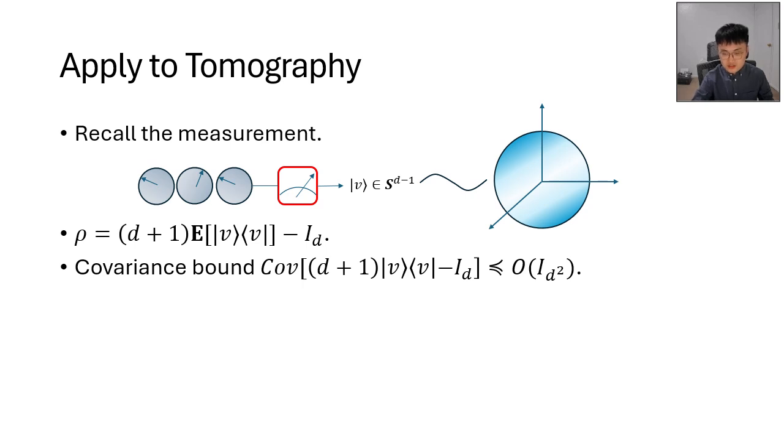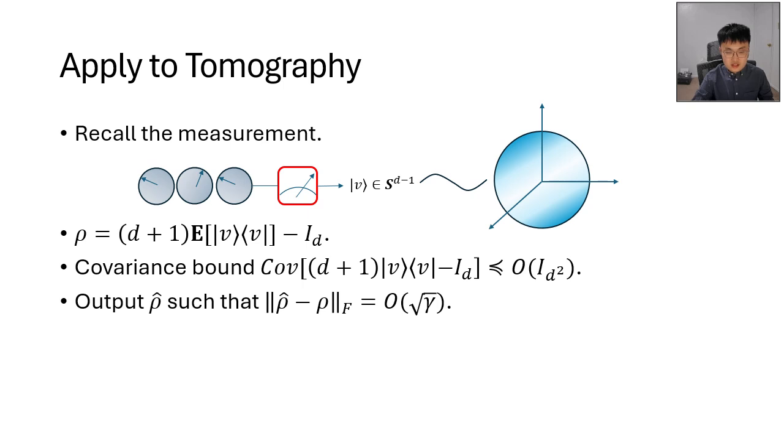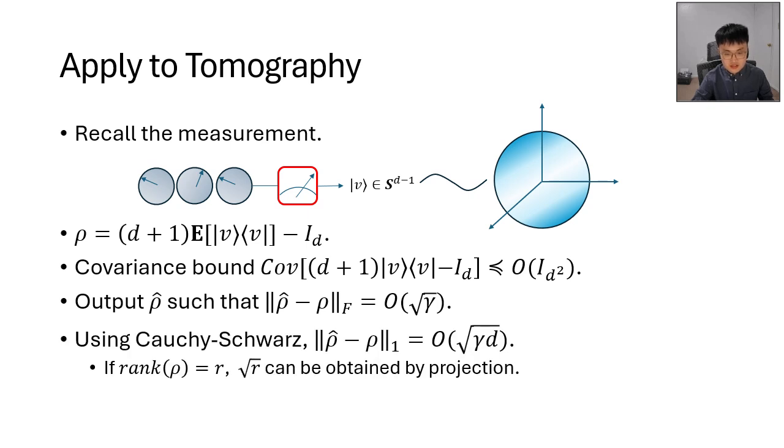So it actually has bounded covariance, and as a result, using the previous algorithm, we would obtain an estimate rho hat that is square root gamma close in Frobenius distance. Then using Cauchy-Schwarz, this will translate to gamma times square root d in trace distance, and it can also be improved to gamma square root r if the rank is r.